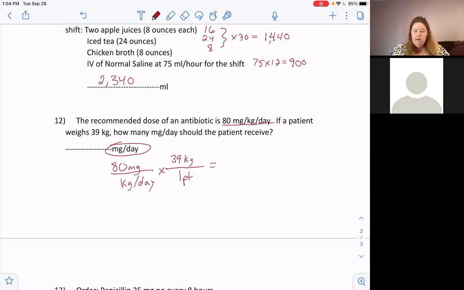So we're going to do 80 times 39 equals 3,120 milligrams per day, because our kilograms cancel out.